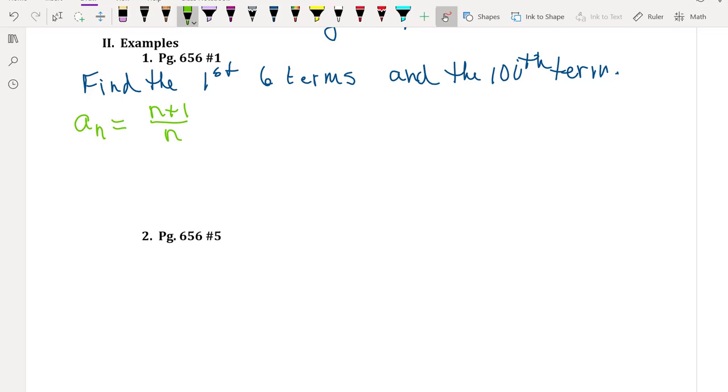So all we have to do is substitute in our counting number starting at 1 for n, and we can find each of the 6 terms. So our first term, which would be a sub 1, is going to equal 1 plus 1 over 1, which is 2. A sub 2, replacing n, will be 2 plus 1 over 2, which is 3/2.